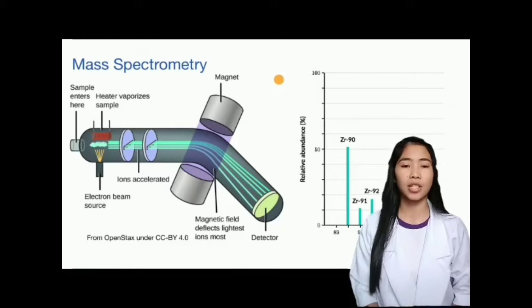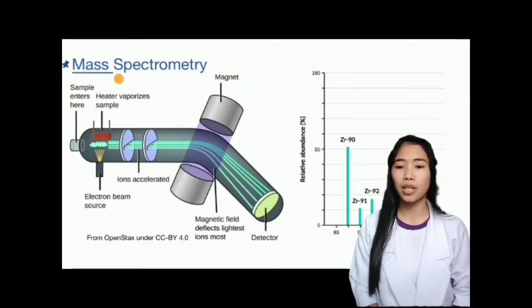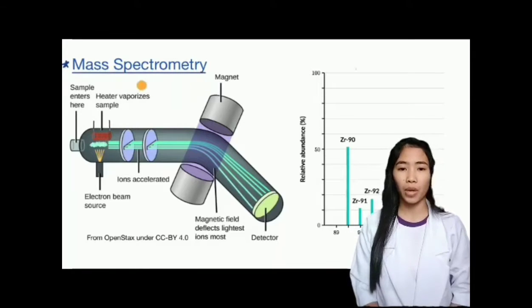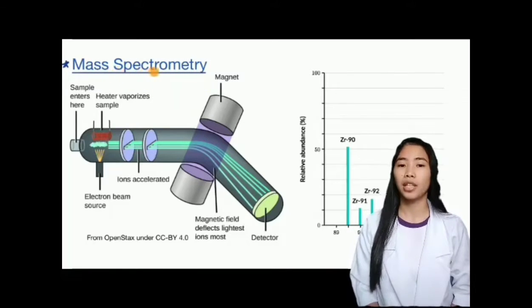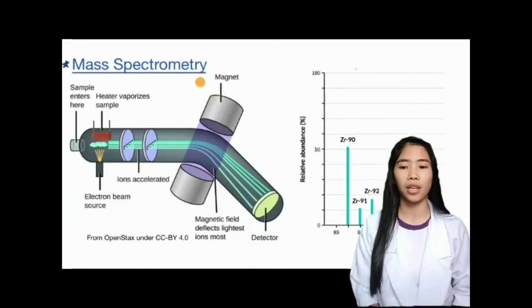The first such discovery was with the element neon, which was shown by mass spectrometry to have at least two stable isotopes. We have 20Ne, or neon with 10 protons and 10 neutrons, and also 22Ne, or neon with 10 protons and 12 neutrons.